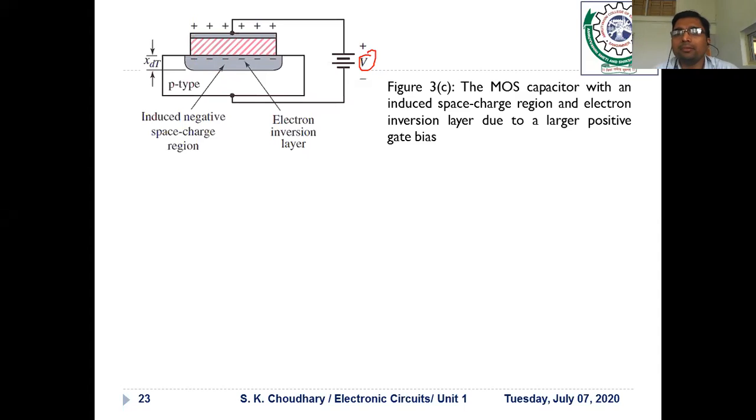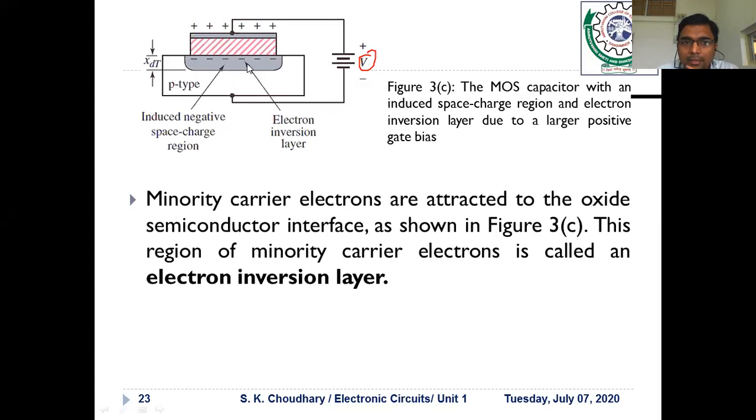These electrons would be attracted toward the interface because of this positively charged ions, and due to that an inversion layer would be created. That is called the electron inversion layer. You can see in the diagram, this electron inversion layer is negatively charged, and it is due to the minority charge electrons that have been attracted.